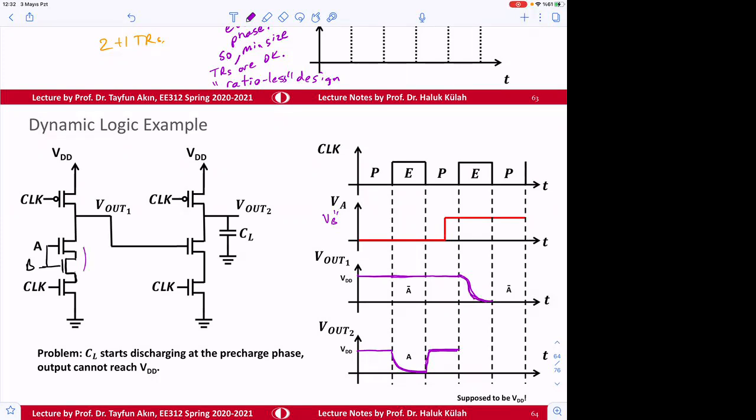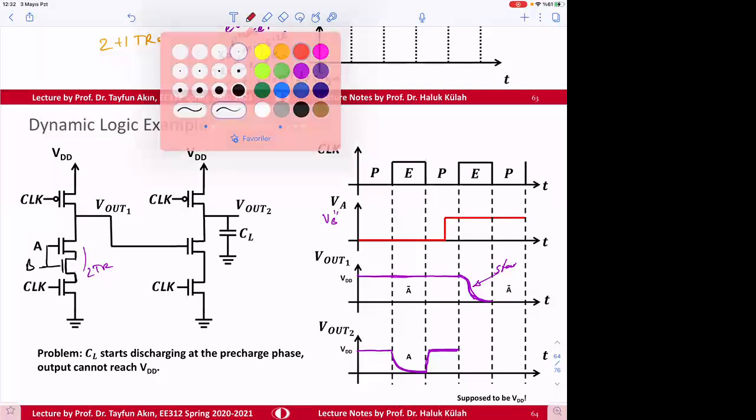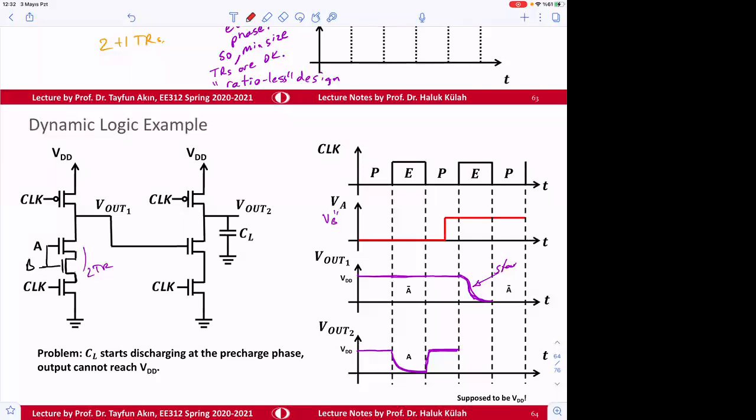Because there are two transistors on the discharge path. So slow. Okay. So when VR2 or this transistor sees that, this is discharged very quickly. And then wrong evaluation.